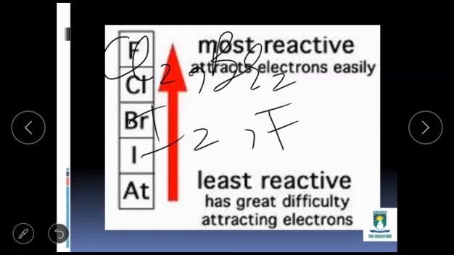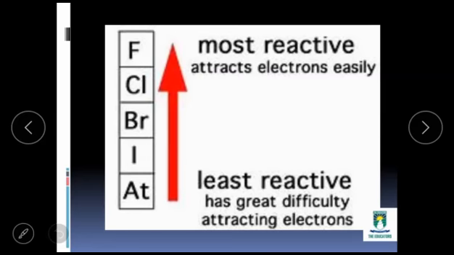Actually students, these are the most reactive non-metals. Fluorine, chlorine, bromine and iodine are all highly reactive. The least reactive has great difficulty attracting electrons.